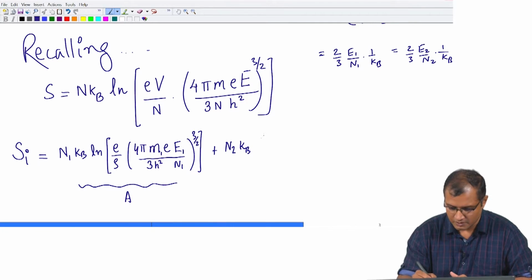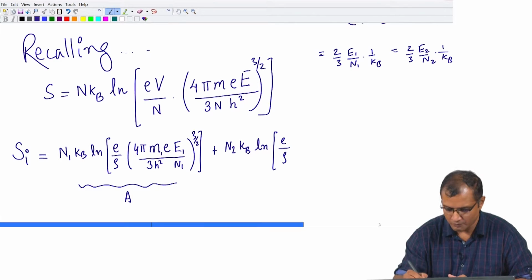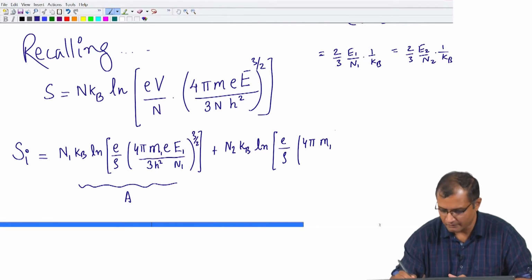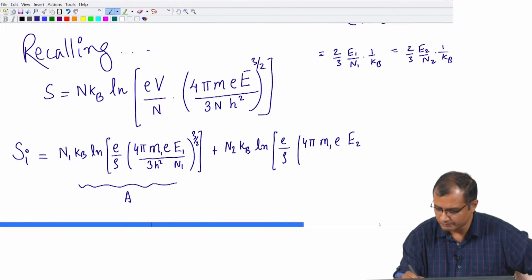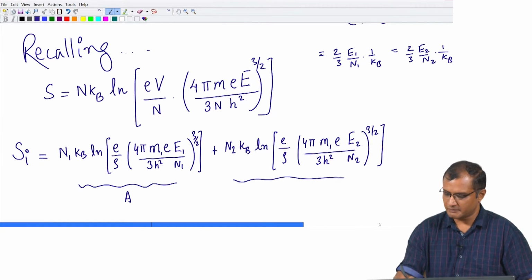So, we are going to write down Kb ln E by rho 4 pi m1 E N2, because the masses are same, upon 3 h square N2 to the power 3 half. Fine. This is for the B type.